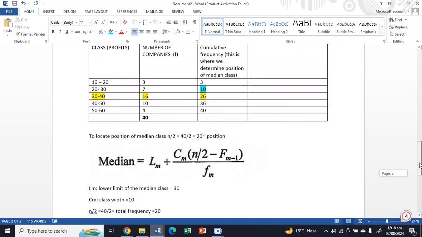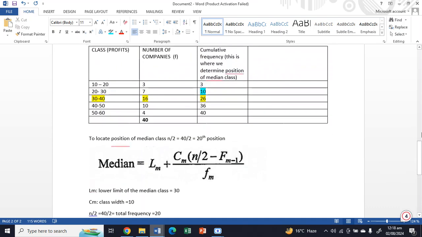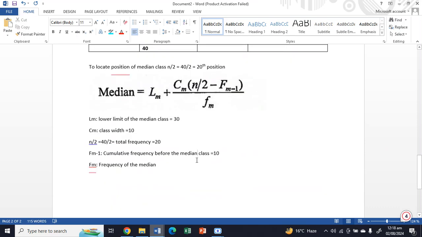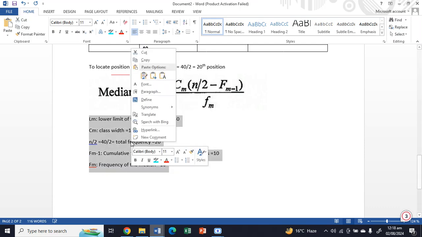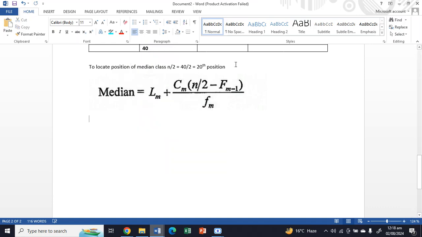Okay, frequency of the median class 16. So it's just now a matter of substitution. So LM, we substitute it. Let me put this information on top so that after the formula, I put in the data.